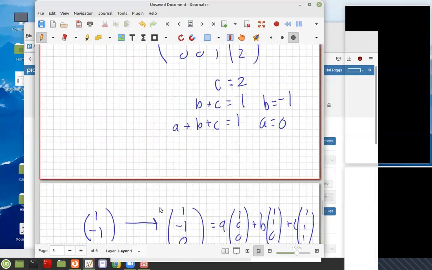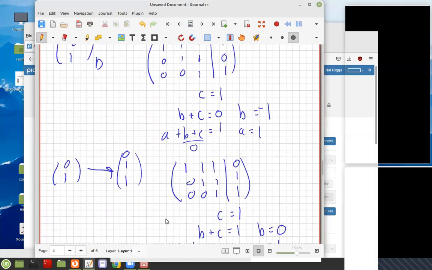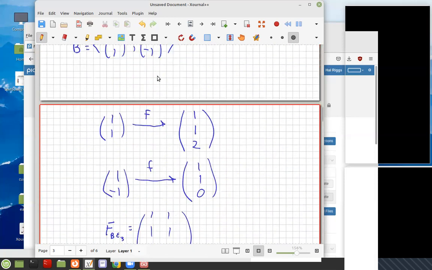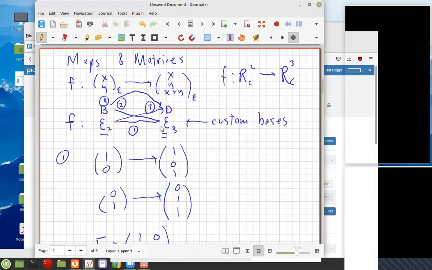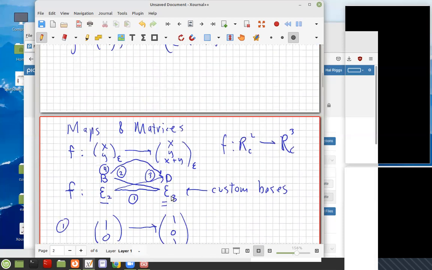Okay, and that's all the possibilities. So it's actually pretty straightforward, but the only thing you have to worry about is when the target basis is different than the standard basis, because then you have to find the representation of the vector that you're given in the standard basis in terms of D.